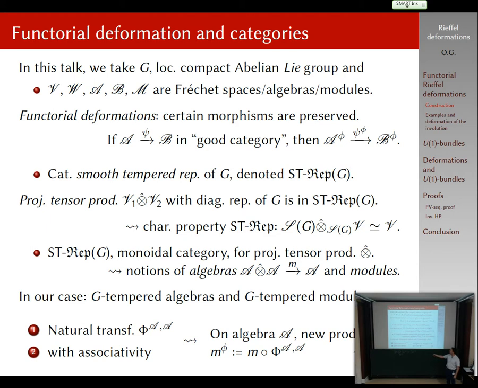These natural transformations with associativity are going to define this map phi_AA, which we're going to use to define the deformation of the product on the algebra A. You start from a G-tempered algebra A, and define a new product m_phi on it.